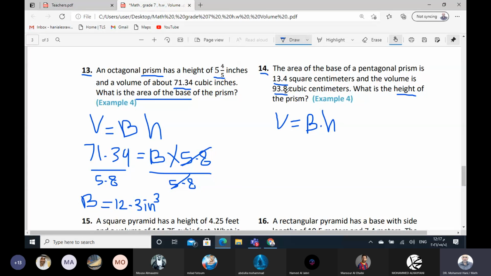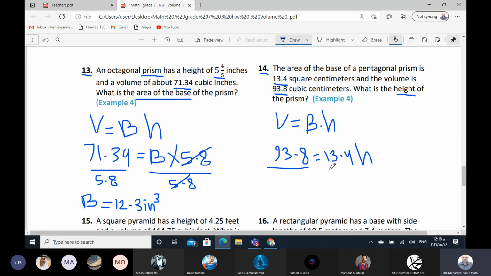Now V, volume, equal 93.8. The area of the base will be 13.4. And here we have a missing value. This is the variable.